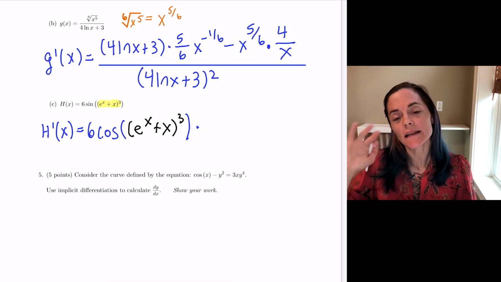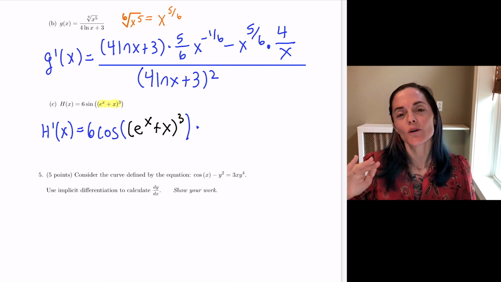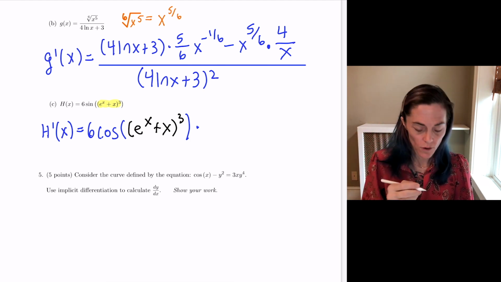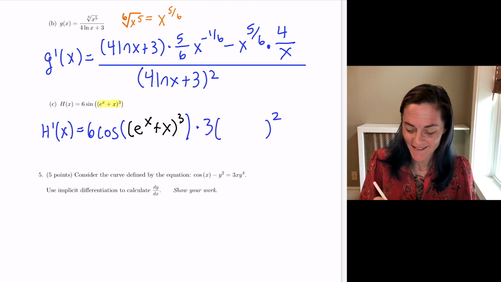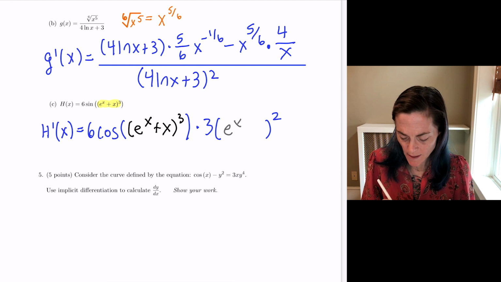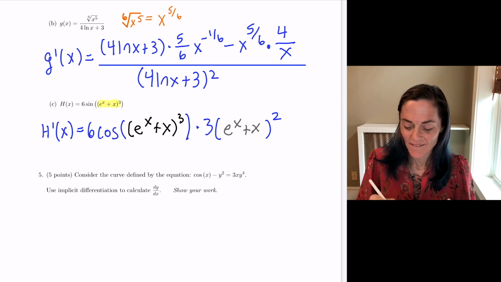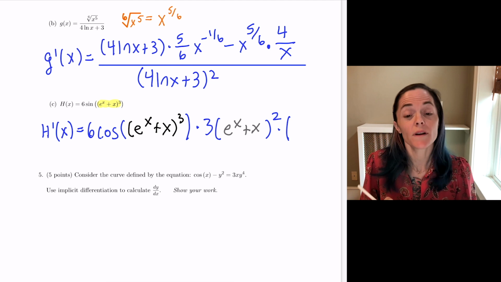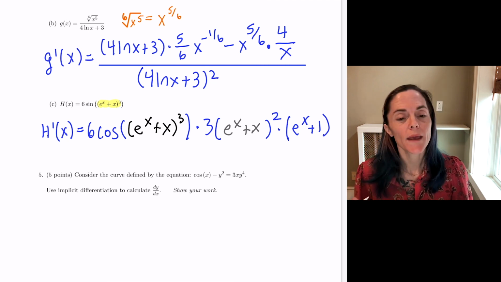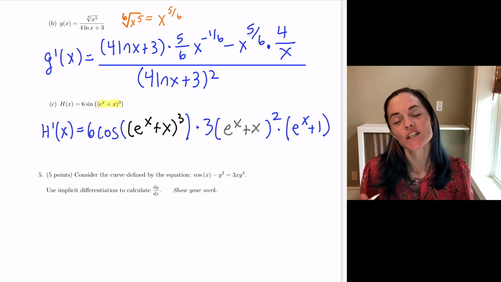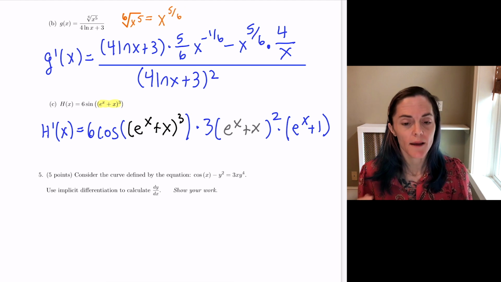Well, to differentiate e to the x plus x cubed, this is chain rule. So we have 3 times (e to the x plus x) squared, put in the entire inside function, finally times the derivative of e to the x plus x, which is e to the x plus 1. So in this example, we had sort of a nested chain rule. We had to do the chain rule 2 times.